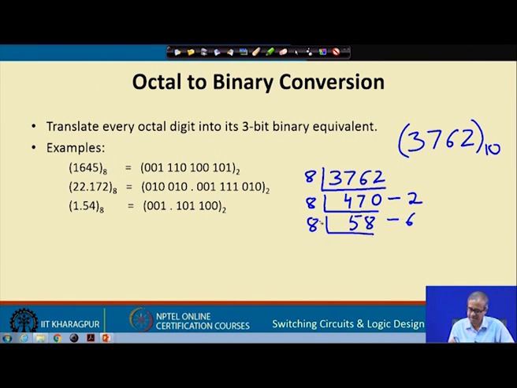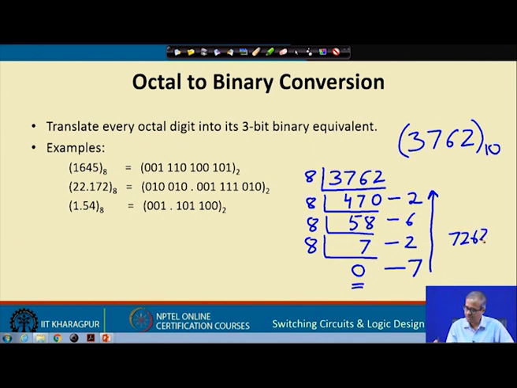Divide by 8 again: 8 times 7 is 56, remainder of 2. Divide again: 0 with a remainder of 7. You have arrived at 0, so stop and take the remainders in reverse order: 7262. So 7262 is the equivalent representation in octal.